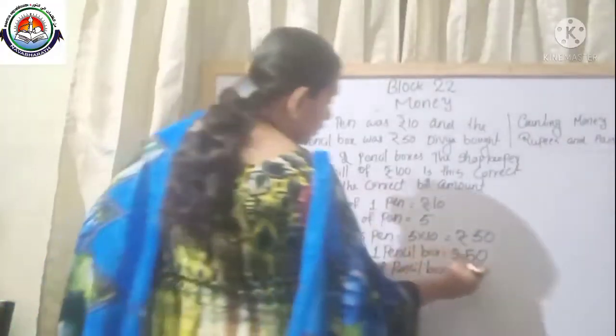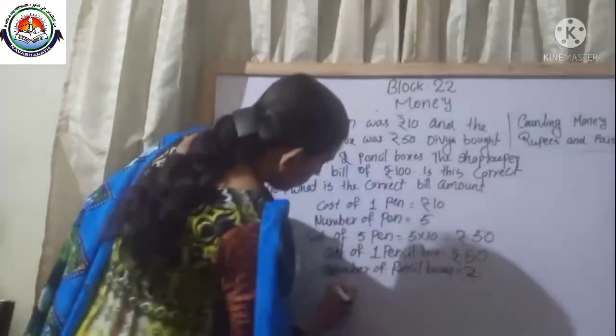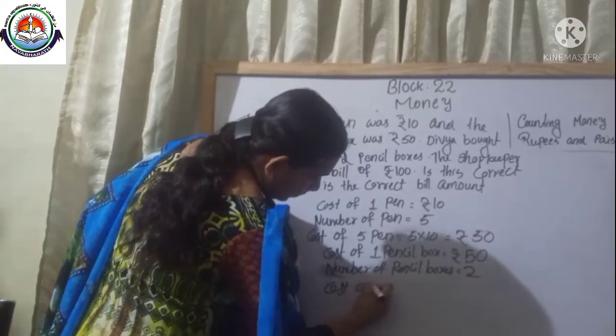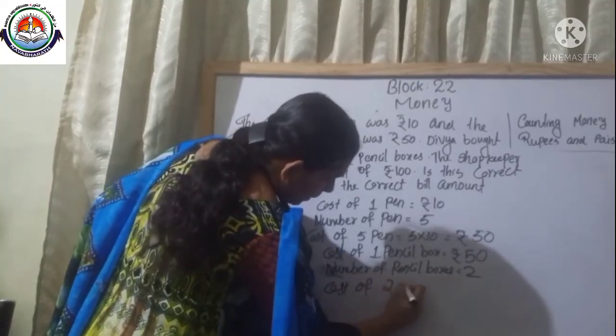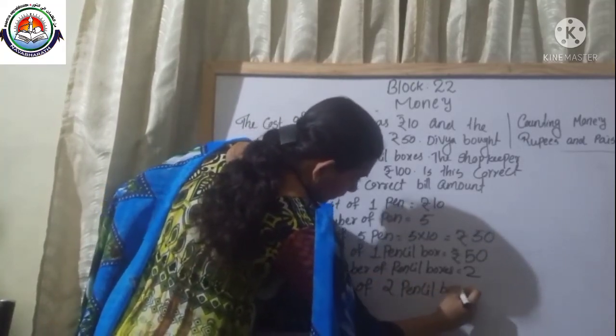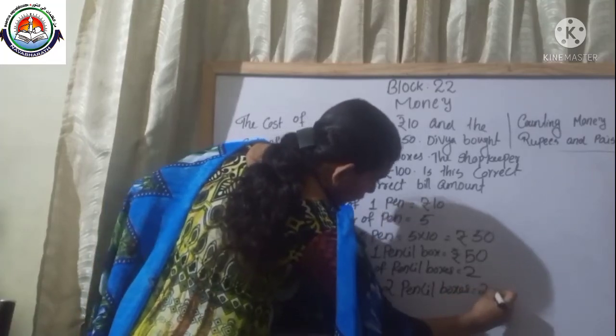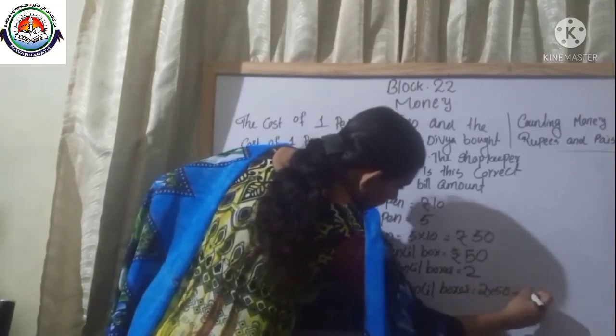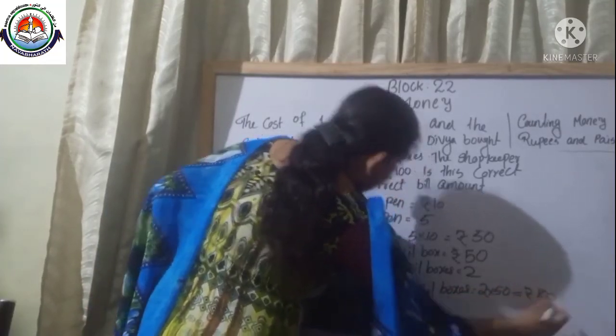Yeah, 2 pencil boxes. Then cost of 2 pencil boxes, 2 into 50, it becomes rupees 100.